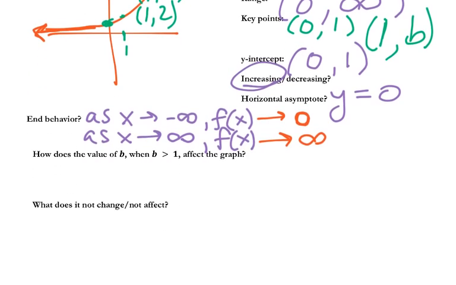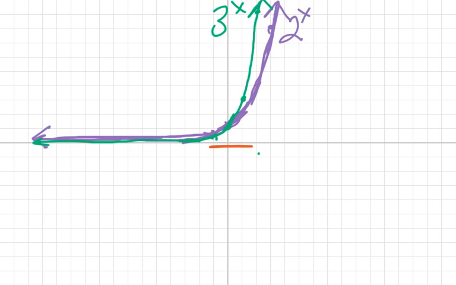Okay, so how does the value of b when b is greater than 1 affect the graph? Well, we're comparing 2 to the x and 3 to the x. b is your 2 or your 3. When we look at 3 to the x, this larger b value means that our rate of change is increasing more rapidly. It's changing faster. So here the graph is getting larger, the y values get larger and larger.